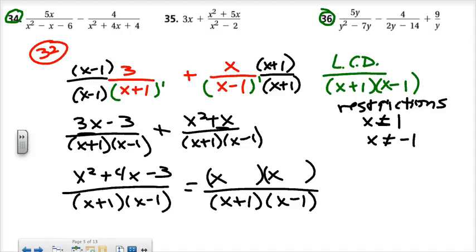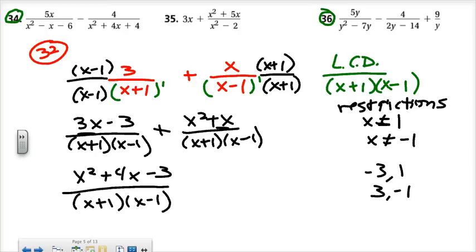What I'm looking for is two numbers that multiply to negative 3 and add to 4. You start thinking, okay, that would just be negative 3 and 1, or positive 3 and negative 1. There's no way that's going to add to 4. So we realize that's not factorable, and we were done, but we did have to check.